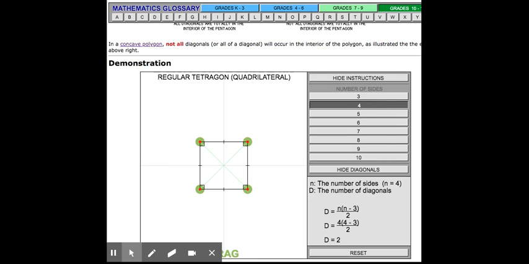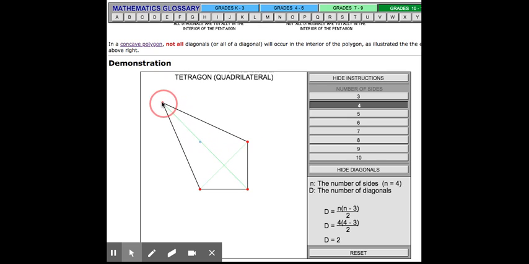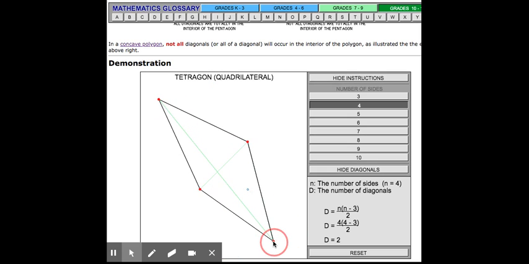Now let's look at a quadrilateral. So a quadrilateral has to have 4 sides. Okay, we can stretch this out. And as you can see, our diagonals are on the inside.